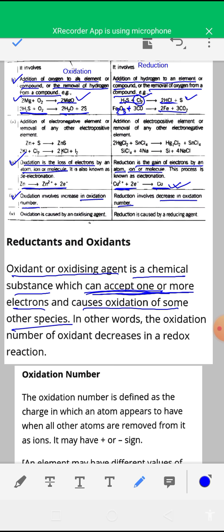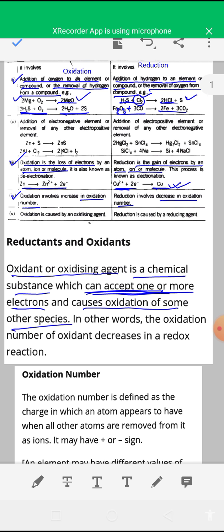Okay. That means reducing agent can reduce other substances, and oxidizing agent can oxidize other substances and itself gets reduced. The reducing agent reduces other substances and the reducing agent itself gets oxidized.